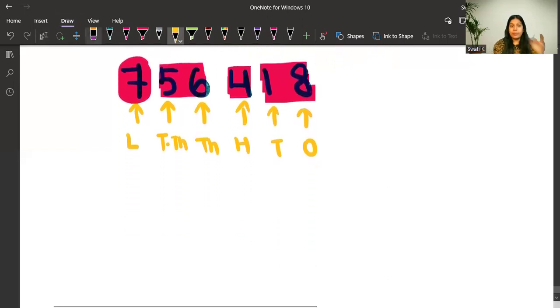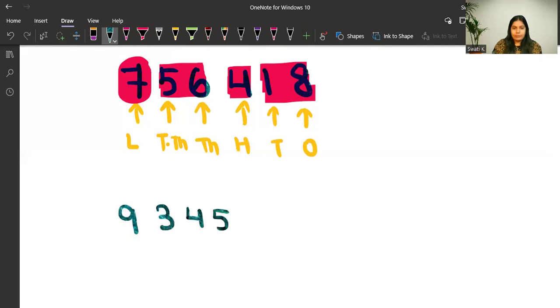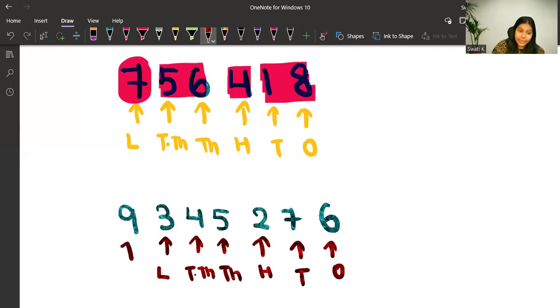Remember, we are learning the Indian place value. I have the next number 9345276. You know the place values: ones, tens, hundreds, thousands, 10,000s, lakh, and now just like we have 1,000 and 10,000, we have lakh and 10 lakh.